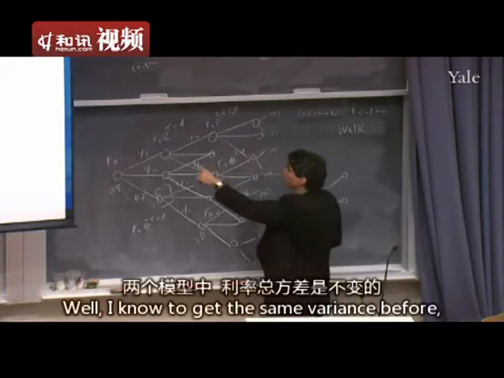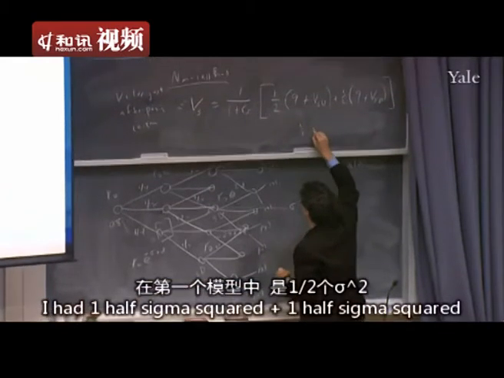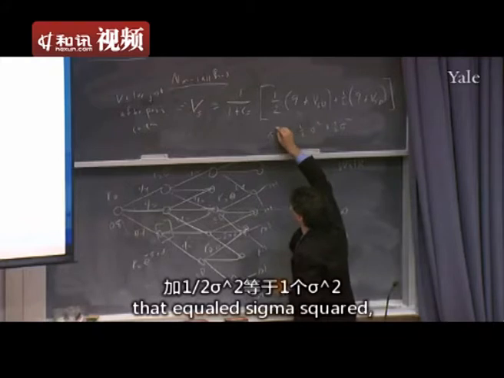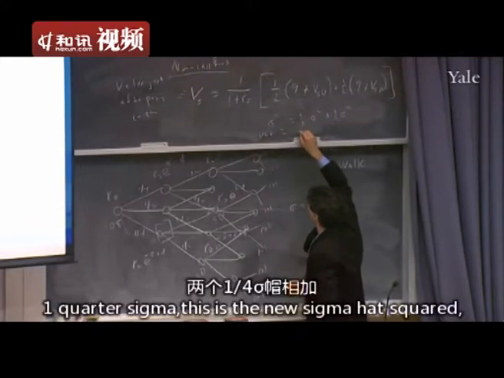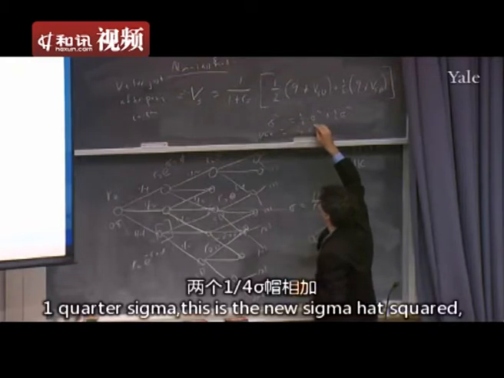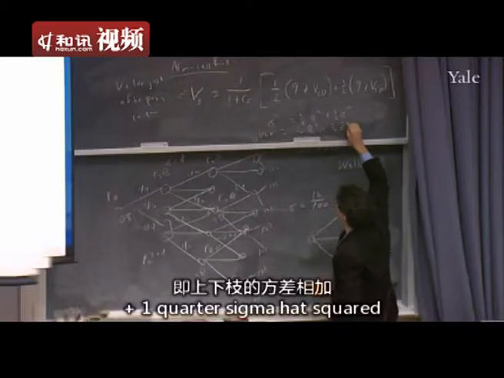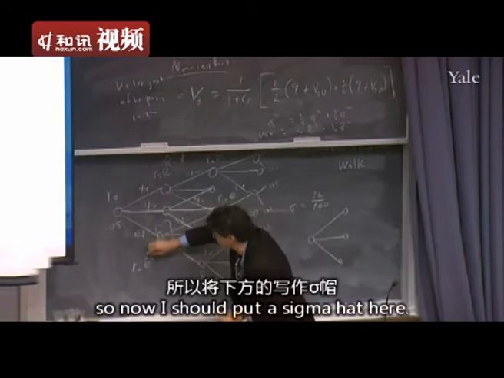Well, to get the same variance, before I had a half sigma squared plus a half sigma squared, which equals sigma squared. But now my variance is going to be a quarter sigma hat squared, where this is the new sigma hat, plus a quarter sigma hat squared. So I should put a sigma hat here.